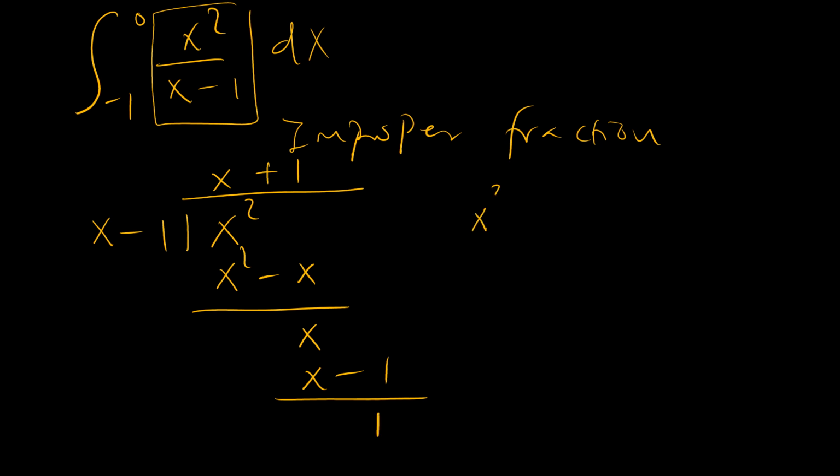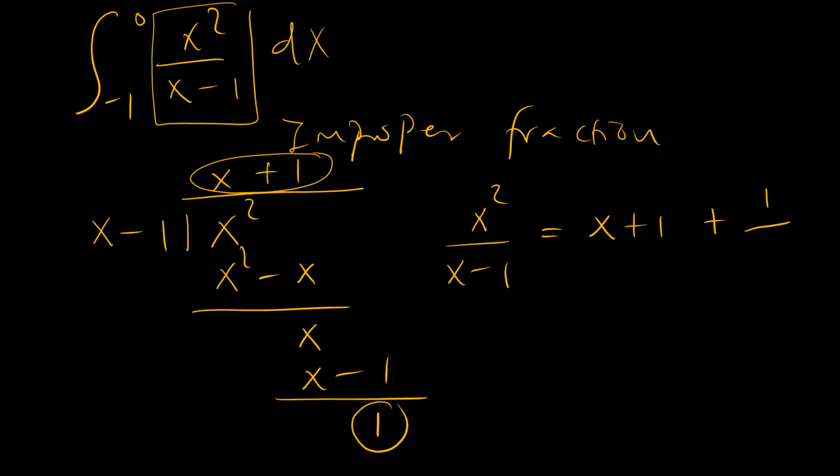Therefore, x squared over x minus 1 is equal to the quotient, the result of the division, which is x plus 1, and then the fraction, the remainder, which is 1 over the divisor, which is x minus 1.